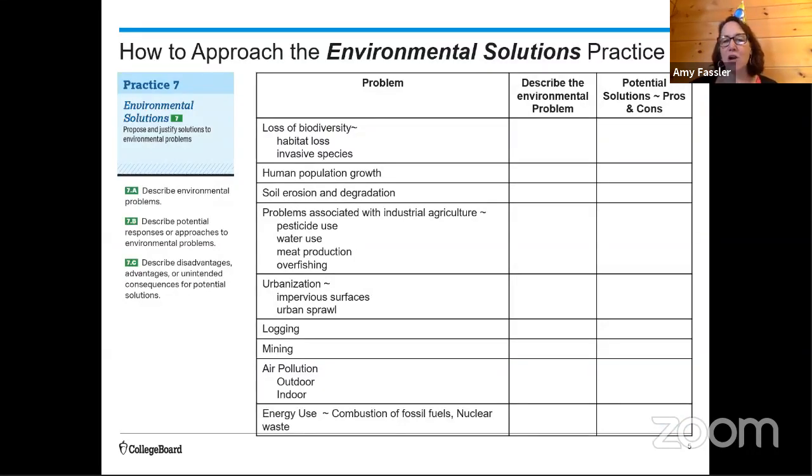So we're going to start talking a little bit today about how we approach this environmental solution problem, the first FRQ. I'll draw your attention over to the left there. Dr. Sowell especially, I think, is really focused on the scaffolding of that practice, how I go from 7A to 7B to 7C, and get a little bit more complex each time. So we're going to go through that process, but I want to share with you what might be a good organizational tool.